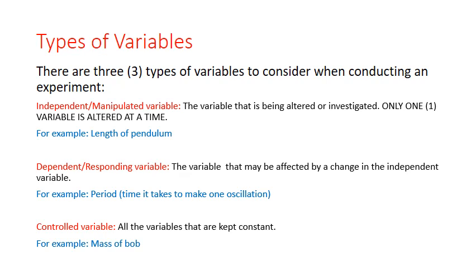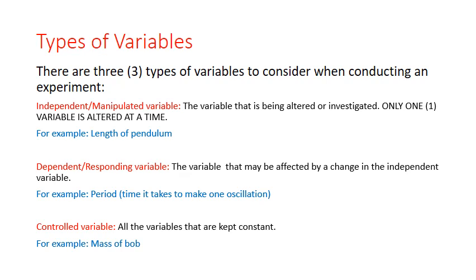Then we have our controlled variables, and these are very important. All the variables that are kept constant during an experiment are known as your controlled variables. In this case, we would keep the mass of the bulb constant, and in keeping the mass of the bulb constant, we would only be focusing on the length of the pendulum.